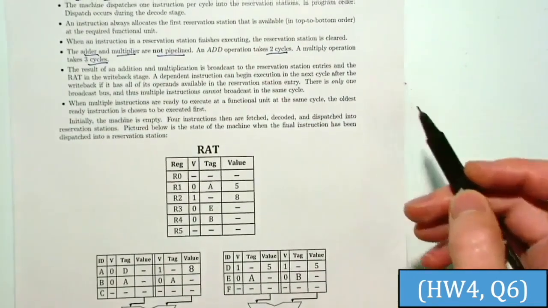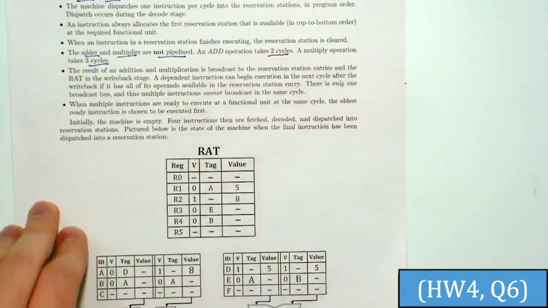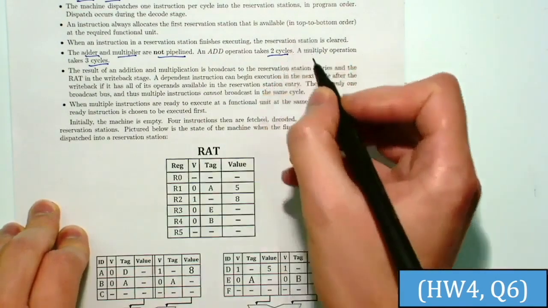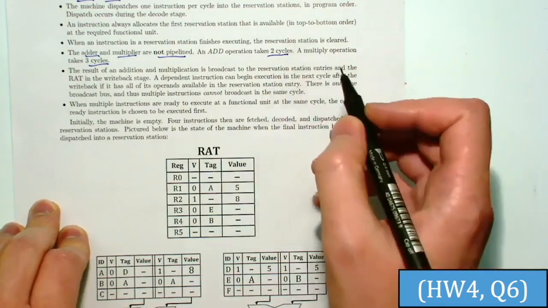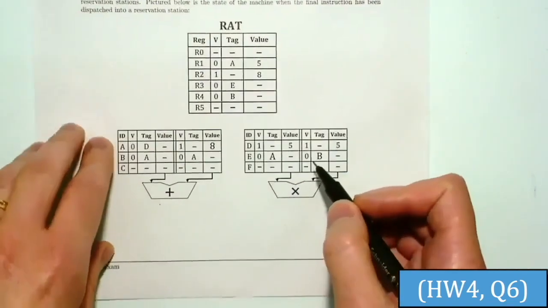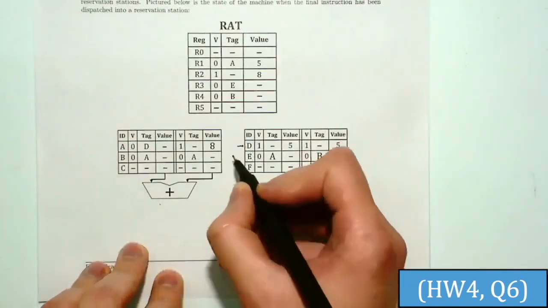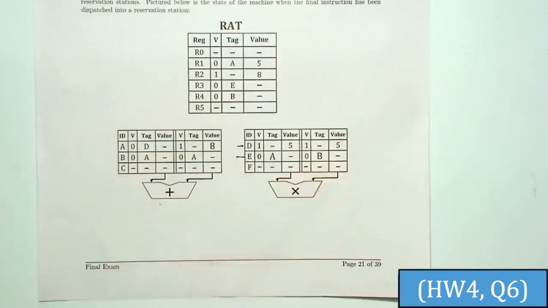From the question, we know that the instructions are allocated to reservation stations in top to bottom order. So when we look at a single reservation station, we know that this instruction comes before this instruction in the program order.